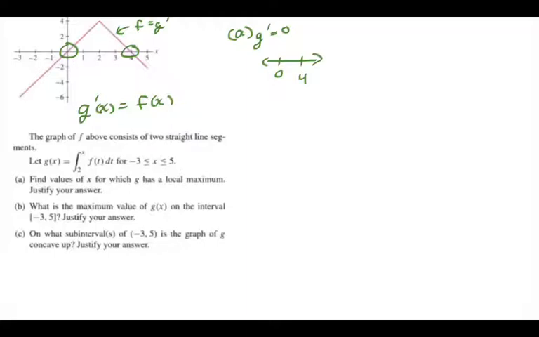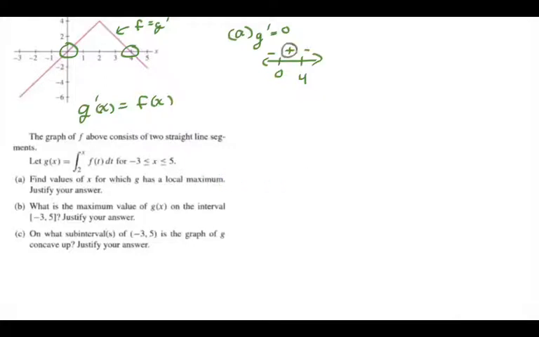So here's my sign line graph. Before x equals 0, g prime is negative, so I put a negative right here. Then we go above the x-axis between 0 and 4, so I put a positive there, and then we go below the x-axis after 4, so I put a negative there. What do we look for, maximum or minimum? Maximum.